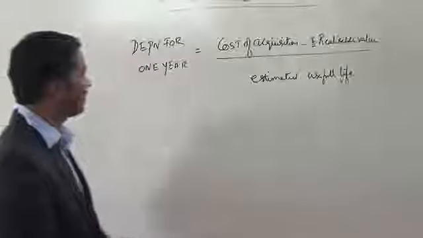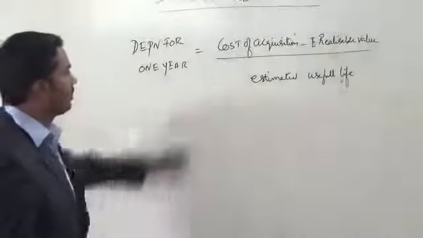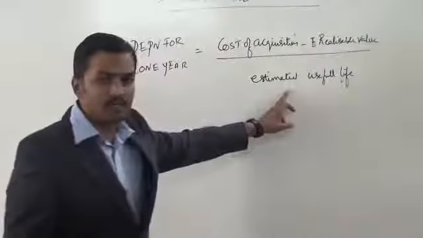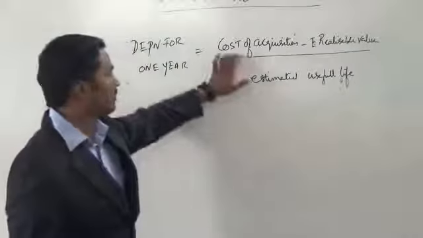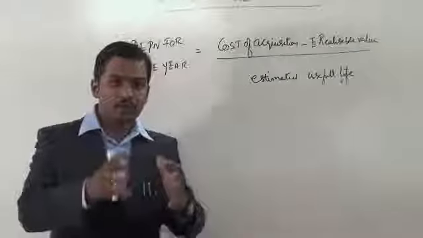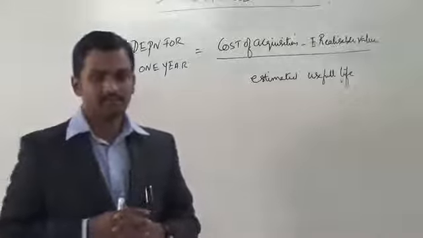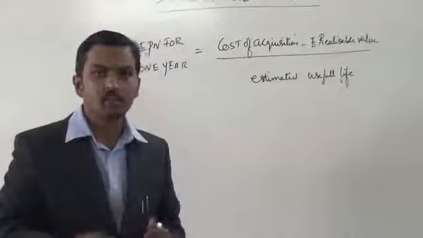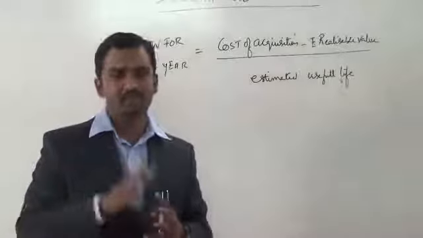Now, let us see the formula here. What are the parts of the formula? Cost of acquisition minus estimated realizable value divided by estimated useful life. What do you mean by cost of acquisition? When you are buying an asset, when you are buying a machinery, you are going to incur some costs. We are going to spend some money.